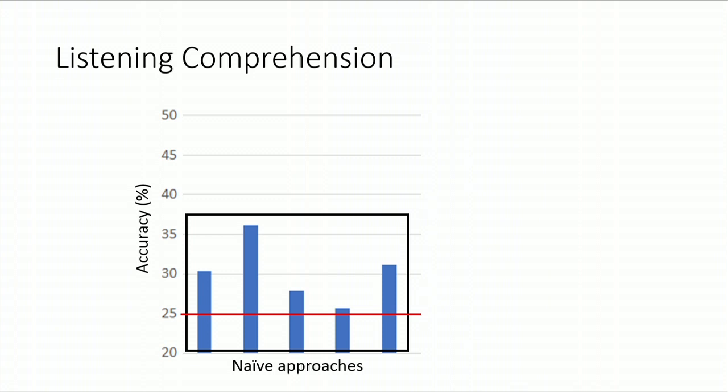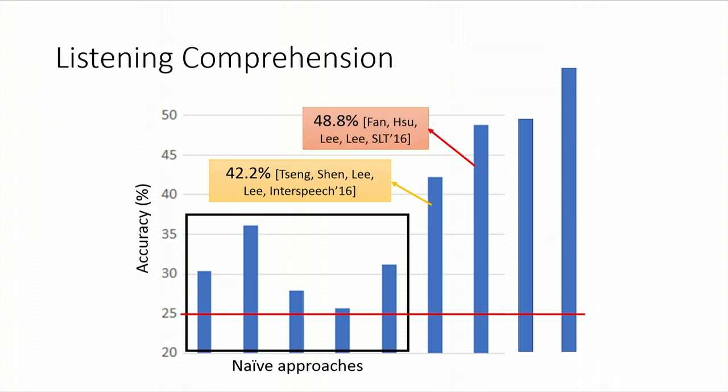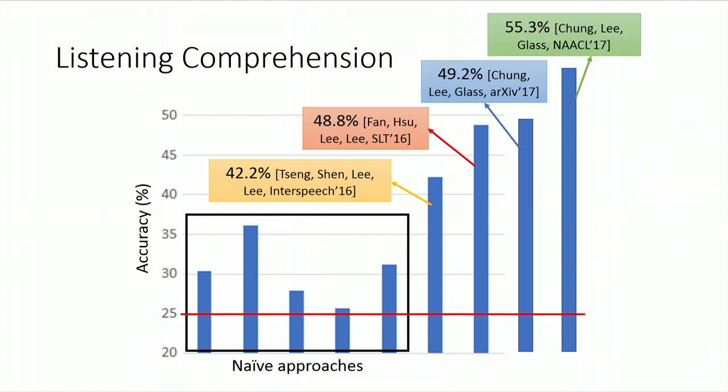The best naive approach can only achieve 35% accuracy. Then we applied machine learning technology, and as time went on, we got better and better performance because we modified the architecture of the network, and eventually we got 55% accuracy.